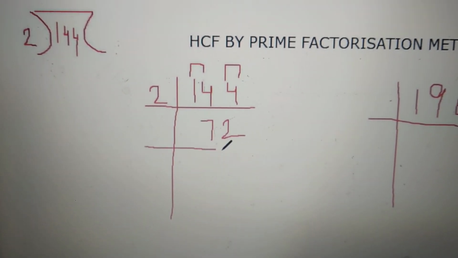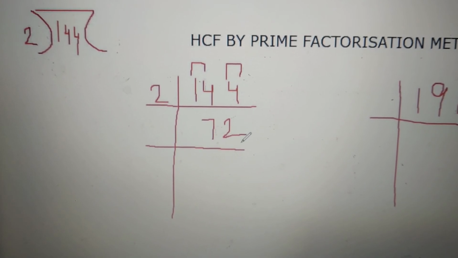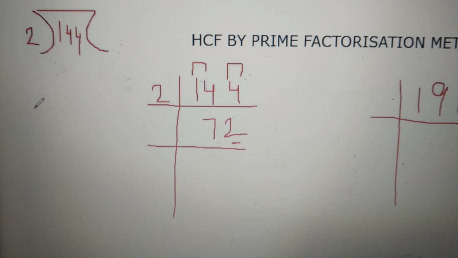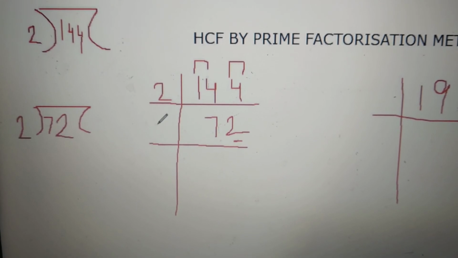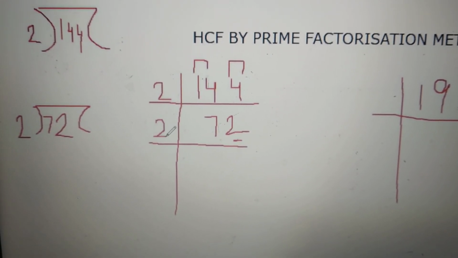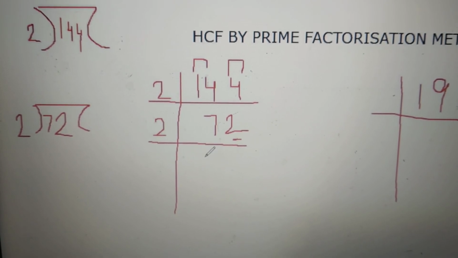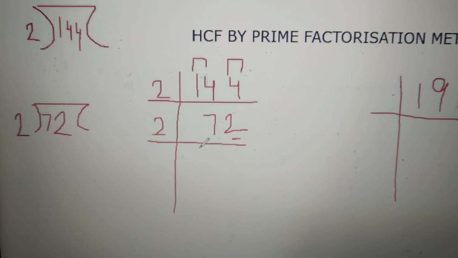Now this number is 72. Again the last digit is even, so I will again divide it by 2. In the table of 2, 7 doesn't come. The number below 7 that comes is 6, and 2 3s are 6.